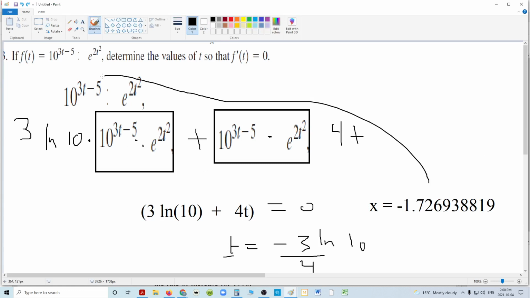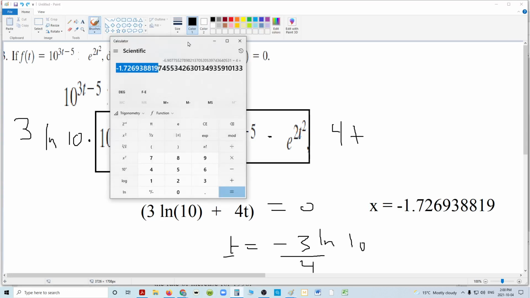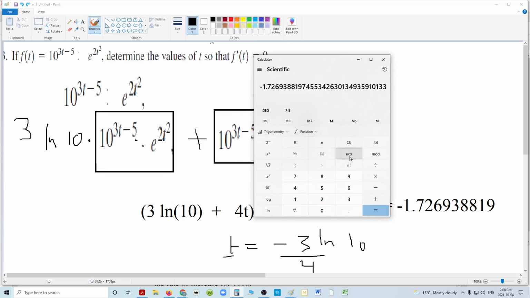Now if I were to put it back in there, and I were to take it and just put it as a memory, and I multiply it by 3, or better yet, I take 10 and put it to the exponent of open brackets, 3 times that minus 5, close brackets, equals, I get that.